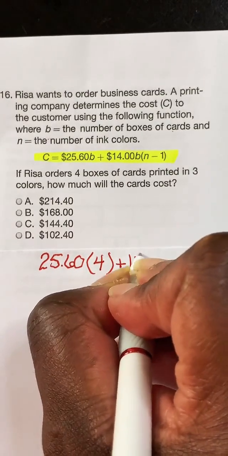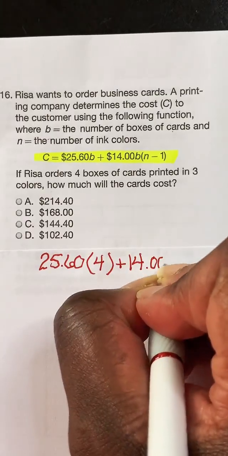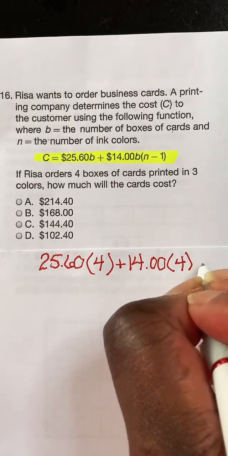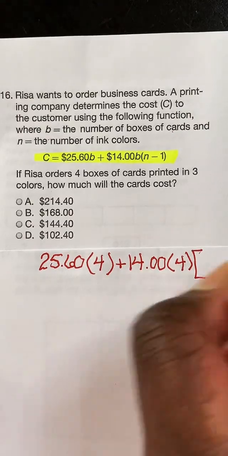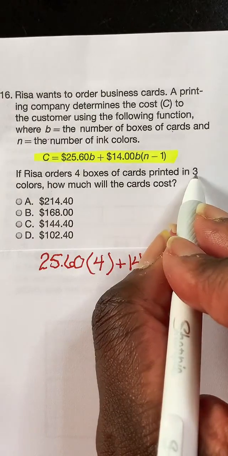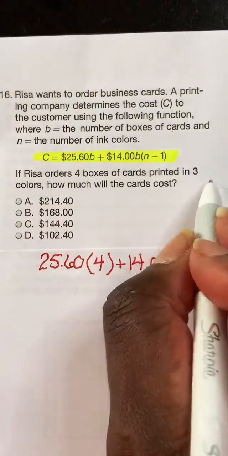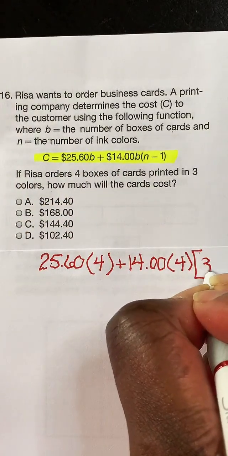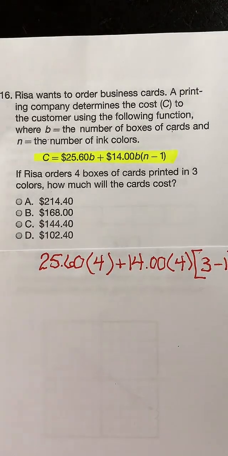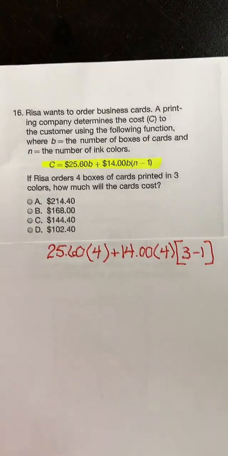Plus my $14. And again, we have that B of 4. But this is going to be times the number of boxes and the number of colors. Remember, N is the number of colors, and it's 3 minus 1.